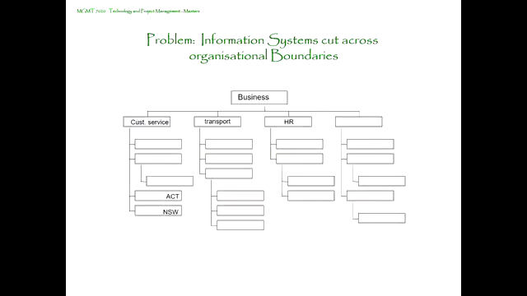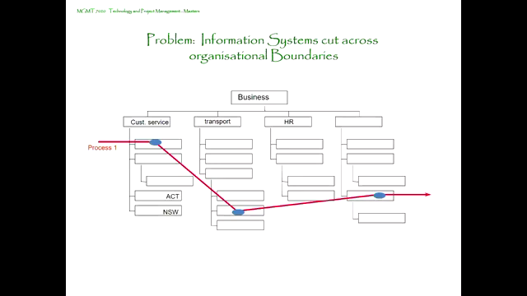This is the problem that information technology and systems gives to siloed organisations. Here are a bunch of silos, a business that has customer service and it's got transport, human resources, and lots of different silos, all connected through their management to the executive level, but not talking to each other. But when we put in information systems, we do cut across these silos.